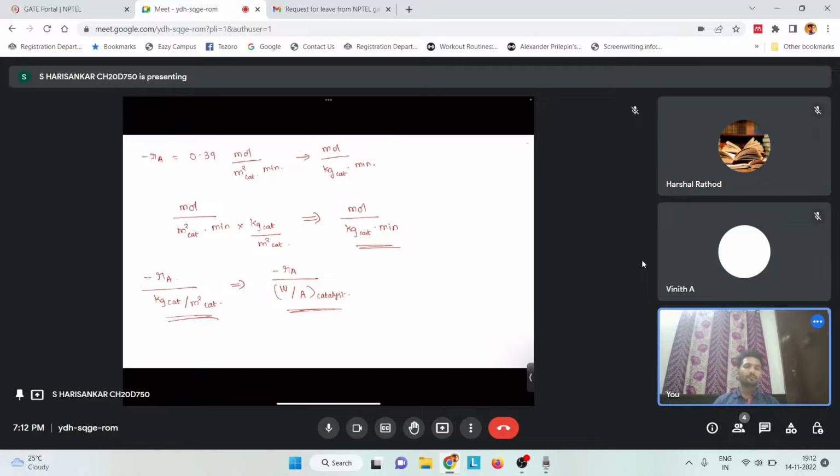And once we find the weight by area, we just divide the given reaction rate by weight by area, and finally we'll get our required answer in the unit of mole per kilogram catalyst per minute.